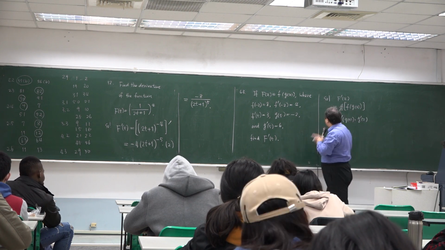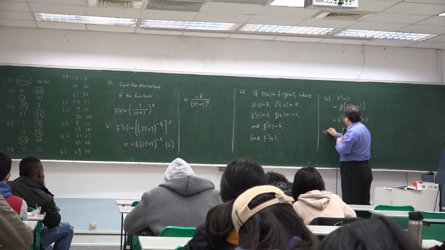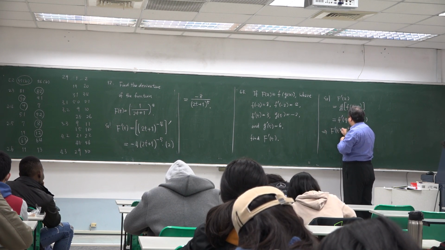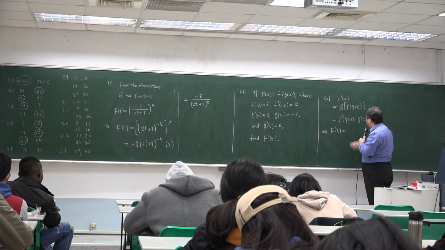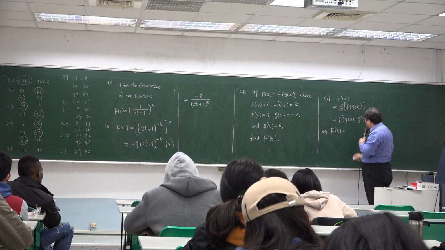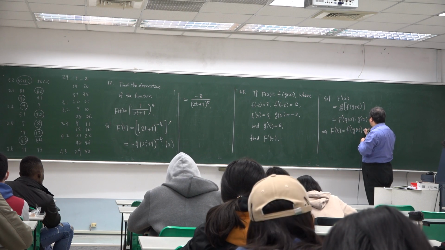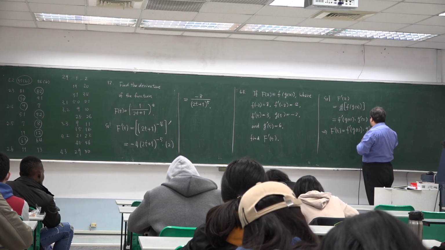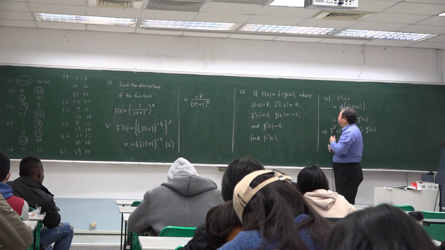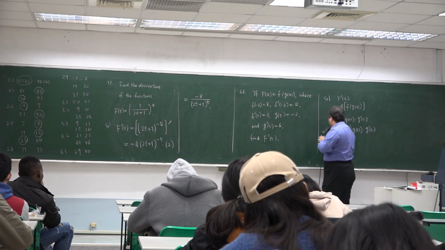In order to find f prime 5, we let x be 5. G of 5 is minus 2.